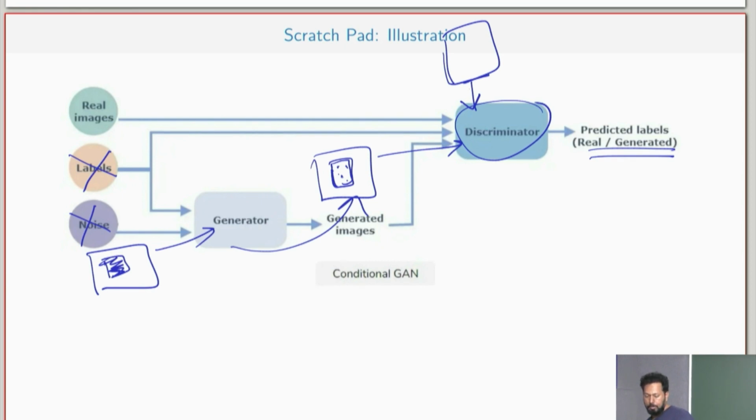Okay, so one of the questions is, what if we use a conditional GAN? How can we use a conditional GAN in this case?